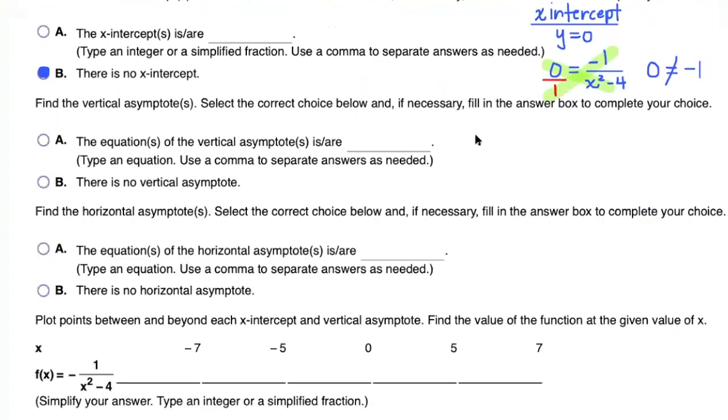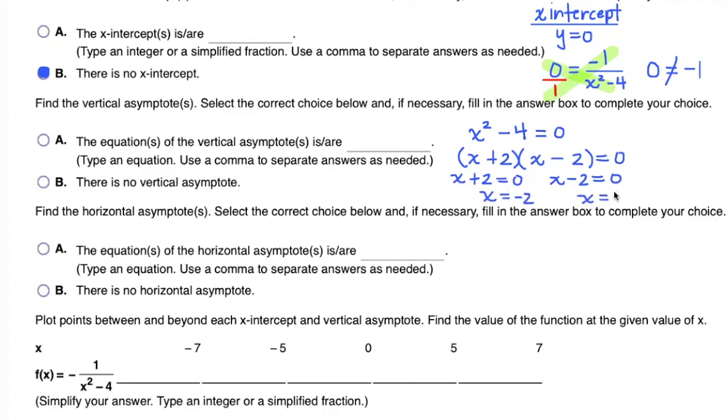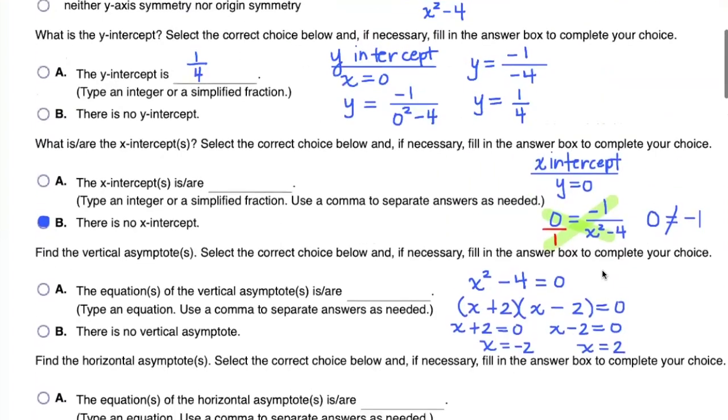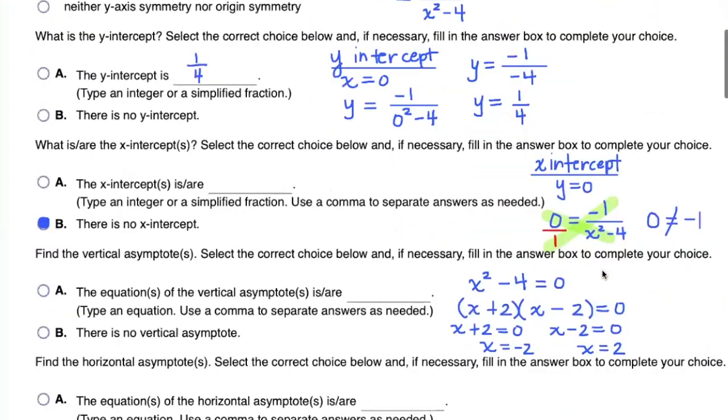In order to find the vertical asymptote, I'm going to take my denominator, set it equal to 0, and solve. Split the x and x. 4 gets split into 2 and 2. Now, because this is the vertical asymptote I'm finding, I want to pay careful attention and make sure I don't have a common factor in my numerator and denominator.